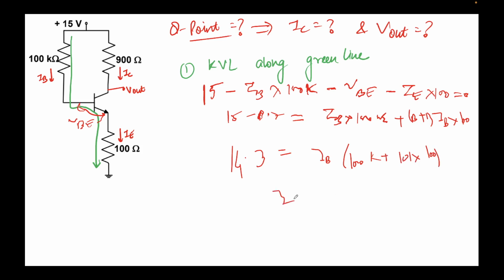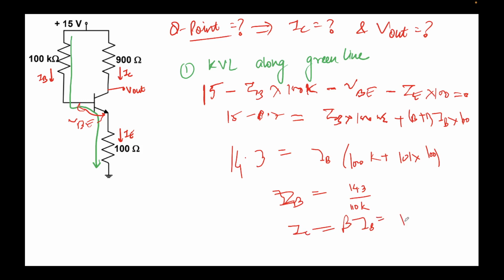So from this I'll get IB equal to 14.3 divided by 110k. This is the value of IB. And note that for the Q point we are required to find the value of IC. So I can simply say IC equals beta times IB, which is 100 times IB.